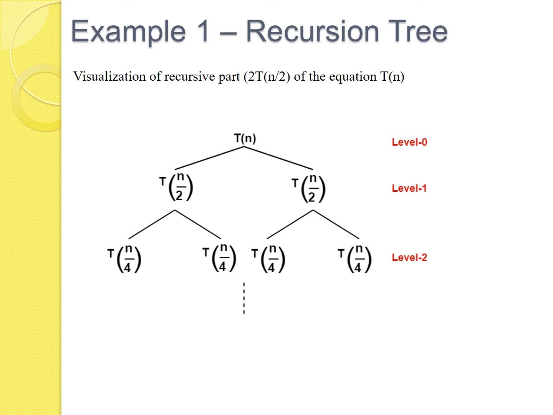If t of n represents the root node, its children are represented at level 1 as t of n by 2. The children of t of n by 2 are t of n by 4, and this proceeds to the leaf level.